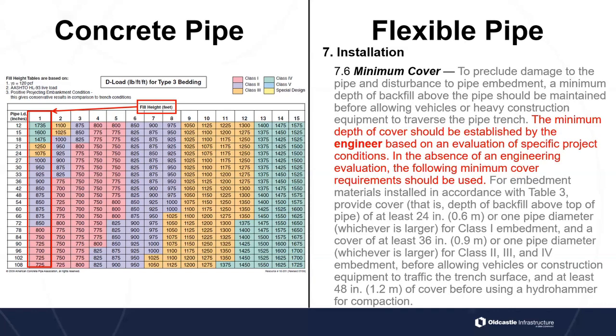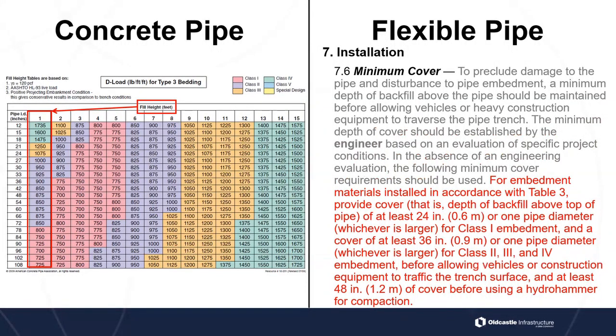So for minimum cover, it says the minimum depth of cover should be established, again, you guessed it, by the engineer, based on an evaluation of specific project conditions. In the absence of an engineering evaluation, the following minimum cover requirements should be used. For embedment materials installed in accordance with Table 3, provide cover of at least 24 inches or 1 pipe diameter, whichever is larger for class 1 embedment, and a cover of at least 36 inches or 1 pipe diameter, whichever is larger for class 2, 3, and 4 embedment, before allowing vehicles or construction equipment to traffic the trench surface, and at least 48 inches of cover before using a hydro hammer for compaction.